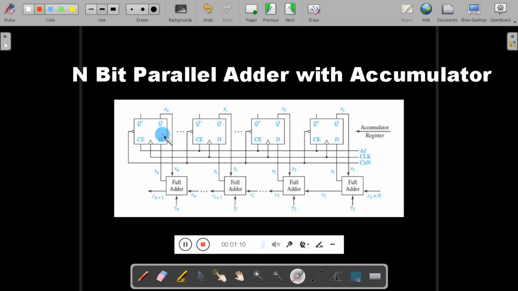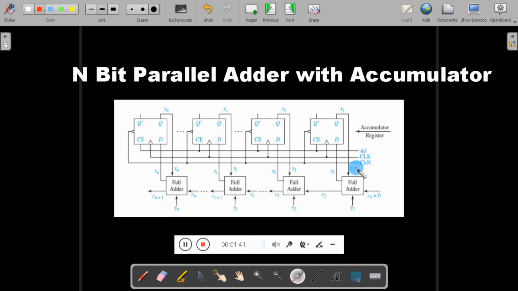Similarly, the outputs of the flip-flops are connected as inputs to the full adder. So the full adder will add two n-bit numbers, x and y. Here you can see y contains n bits, y1, y2, up to yn, and similarly x. All the flip-flops are driven by a positive-edge triggered clock signal.